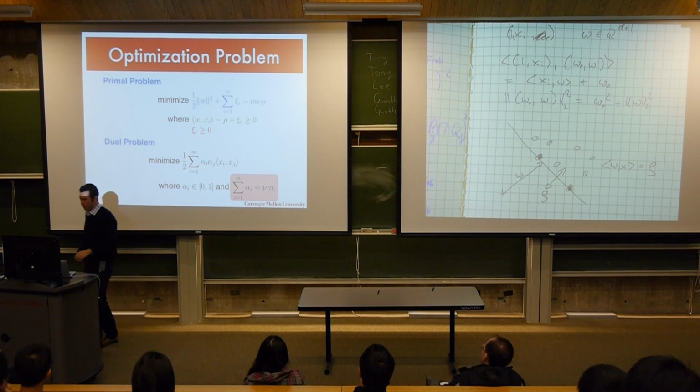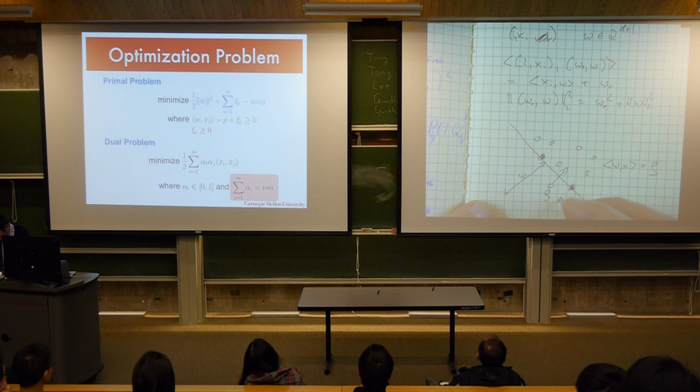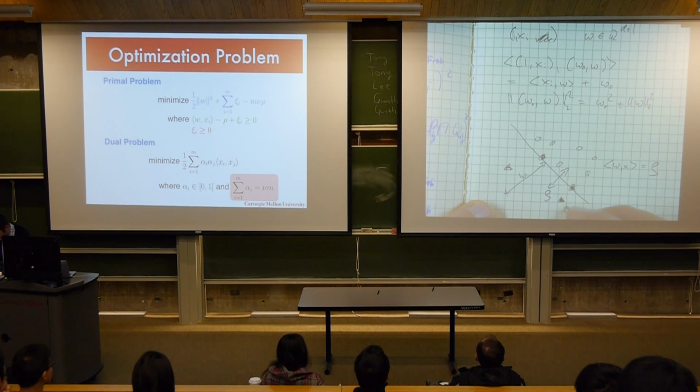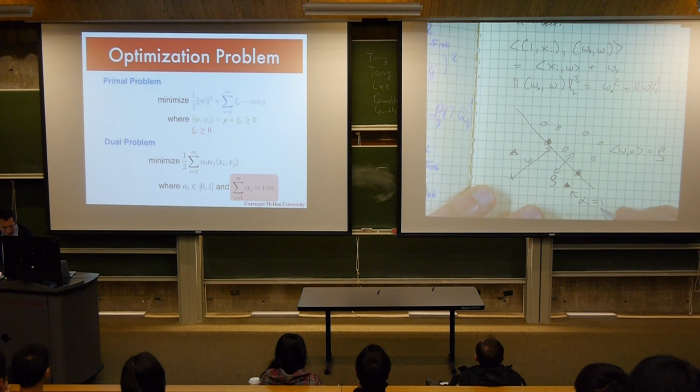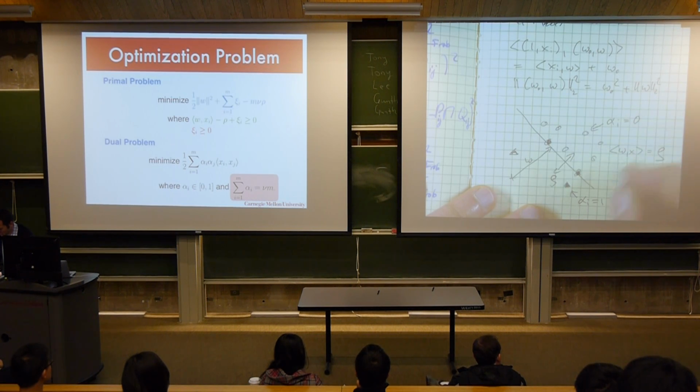So we know that all the points which are here have an alpha_i equals 1. We know that those points here, okay, what's their alpha_i? Equals 0. Perfect. And for those, it's anything in between, right?